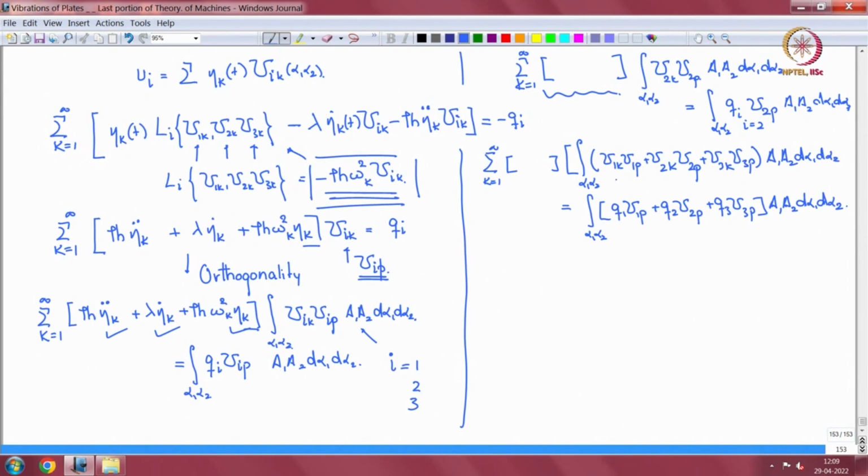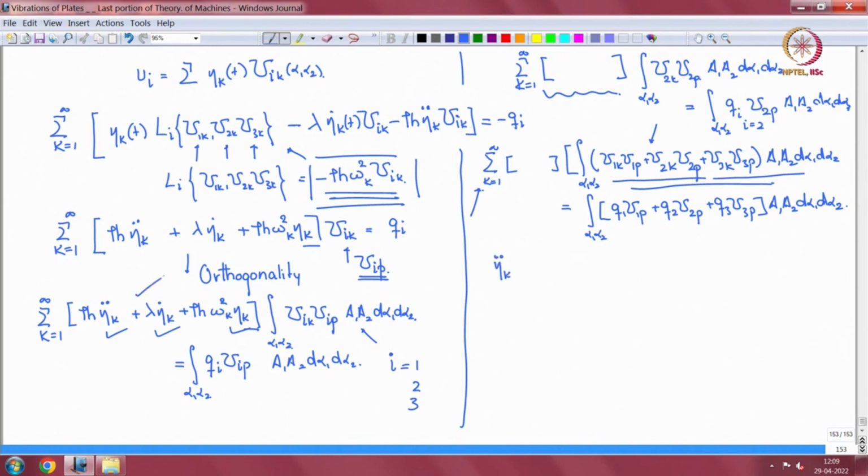Now this is the orthogonality condition. This is 0 if p is not equal to k. If p has to be equal to k, only one of these is selected. Okay. Now this becomes what we call Nk for p equal to k. So I have the kth fellow picked out, eta k double dot.